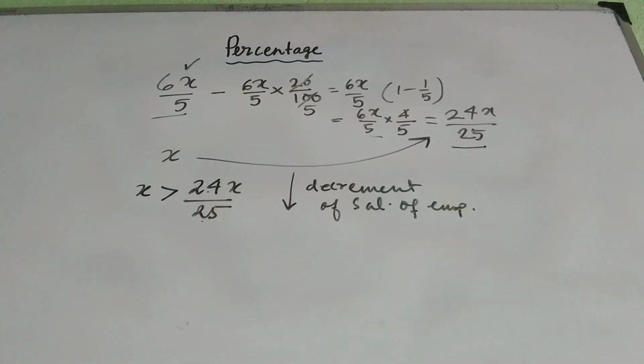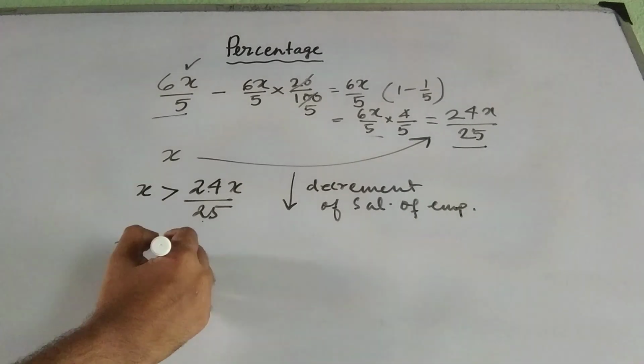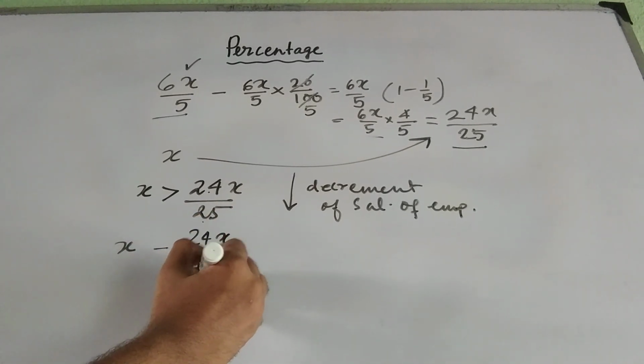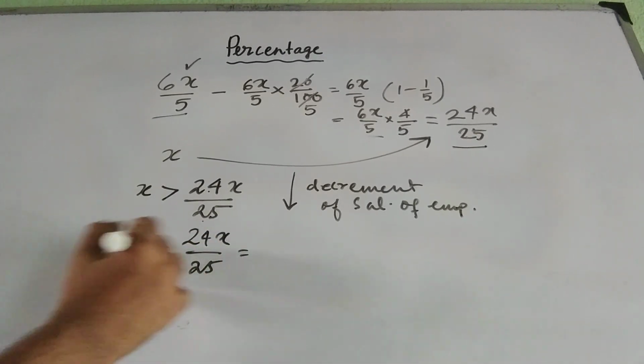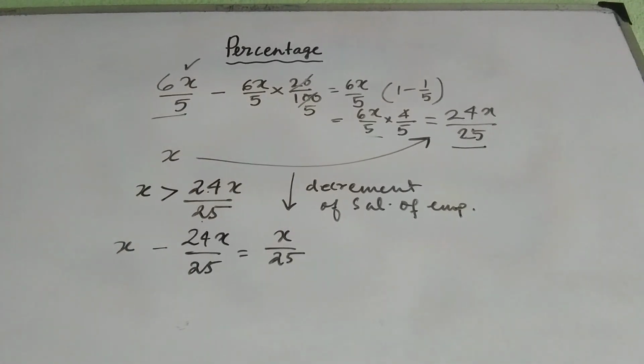So what is the decrement? It is the initial salary that we assumed minus the current salary, which is 25X minus 24X, that is X by 25.